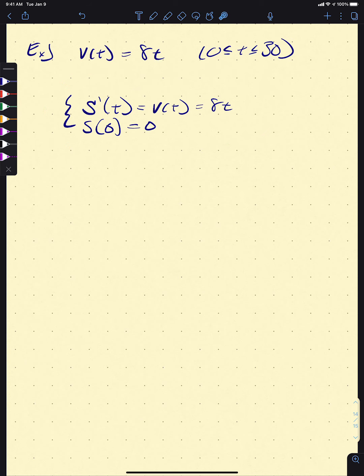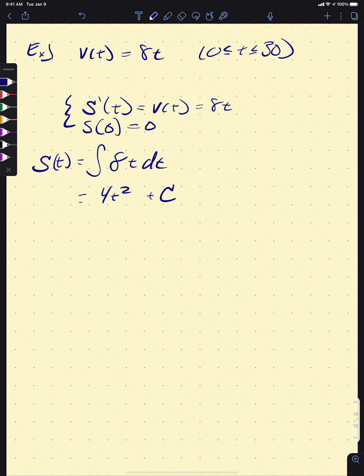And so we can set it up and solve it just like we did before. S of t, we want to find the antiderivative of our velocity function. To find the antiderivative of t, we're going to divide 8 by 2 and then square it. So we should be getting 4t squared plus some constant c.